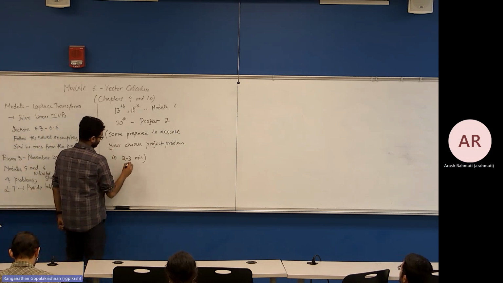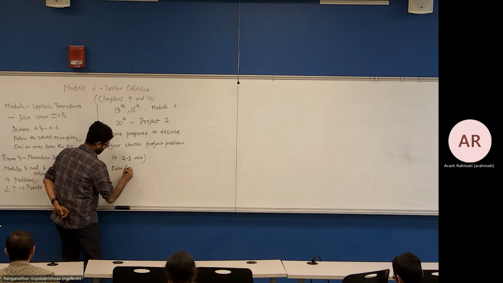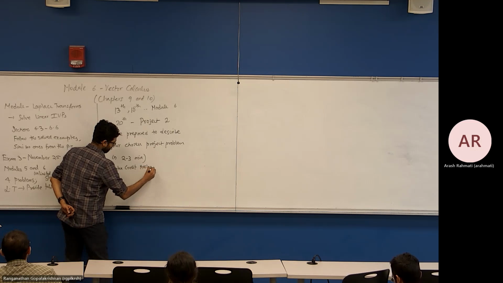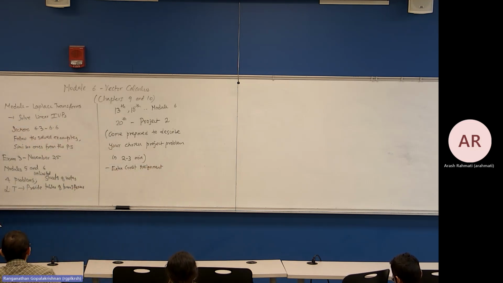The other thing I wish to also discuss is the extra credit assignment. That is completely optional. I still haven't figured out a correct formula for the extra credit assignment in the sense, suppose you are really struggling and this extra credit can get you from a C plus to a B minus or a B, that's welcome.